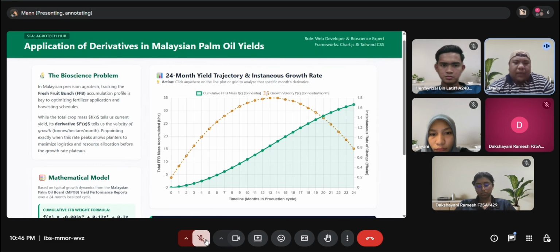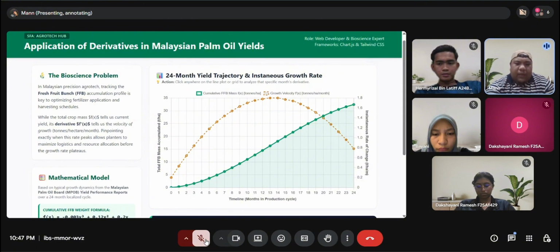The mathematical model used is f(x) equals negative 0.003 x to the power of 3 plus 0.12 x to the power of 2, plus 0.2x, where x is the number of months and f(x) is the oil palm yield in tons per hectare.